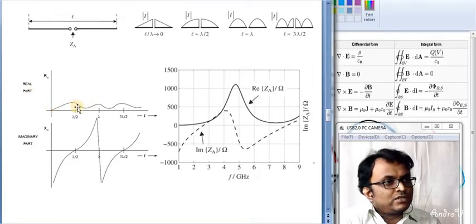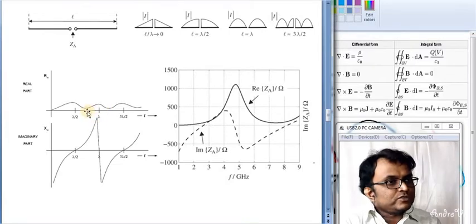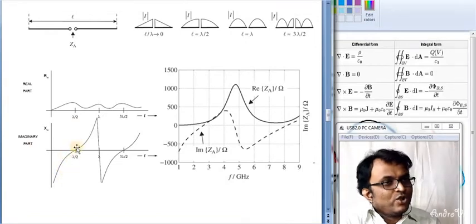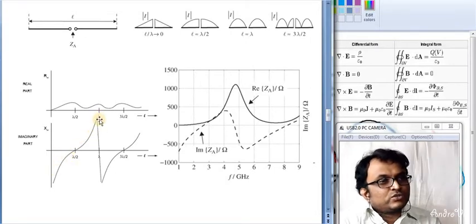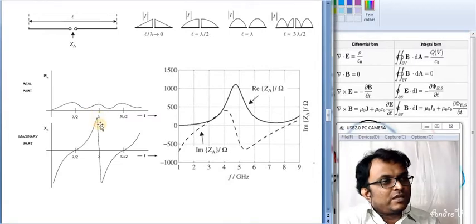For lambda by 2, the imaginary part of the impedance is near about equal to 0, but whenever the length is lambda, its value becomes infinite. So matching this infinite value of the imaginary part of the impedance becomes almost impossible. So L equal to lambda, the full wave dipole antenna, is not physically possible.